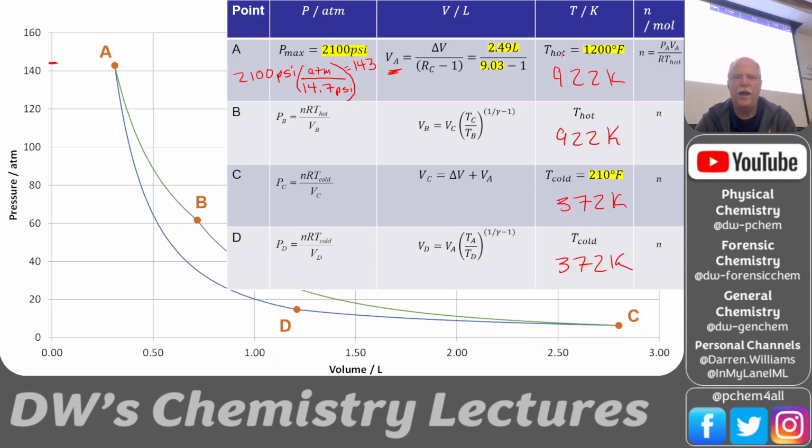Okay, now let's go ahead and calculate our volume A. So 2.49 liters divided by 8.03. So 0.31.